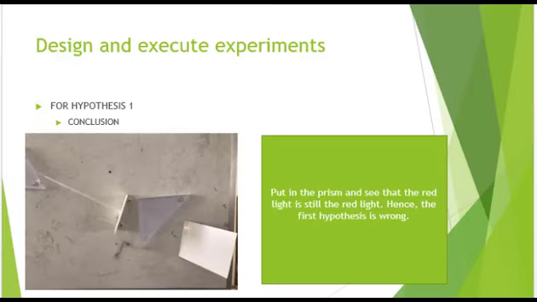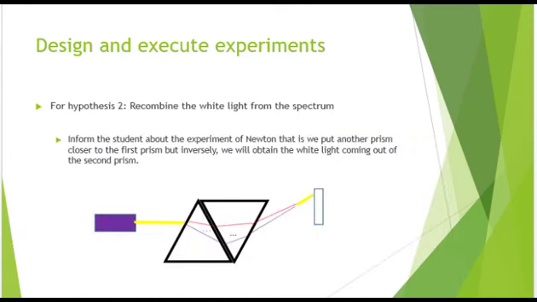From the result of the first experiment, we can conclude that hypothesis 1 is wrong. It means that the prism doesn't divide the white light into many color lights.